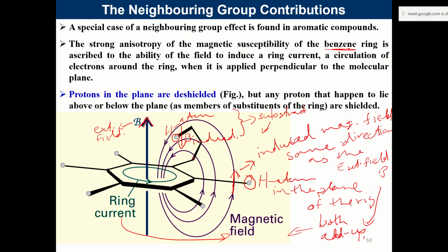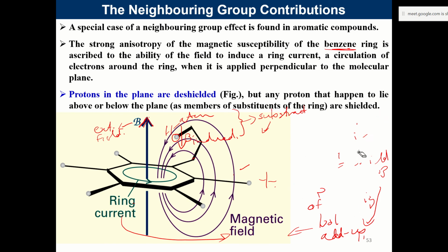This hydrogen atom placed above the ring, which is part of a side chain, a substituent on the ring, will experience a net reduction, since the direction of the induced field is opposite to the external field.